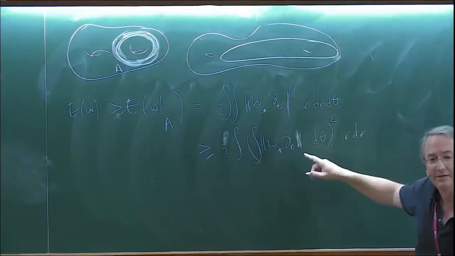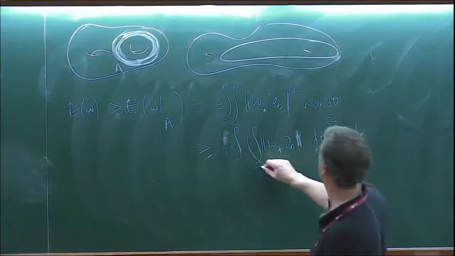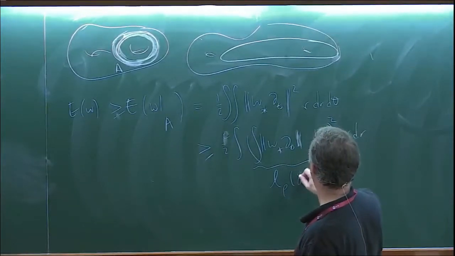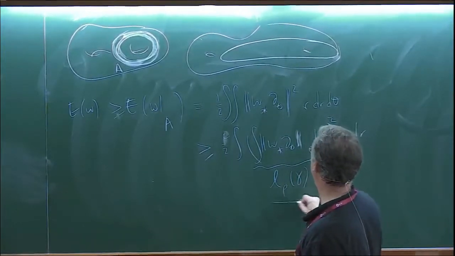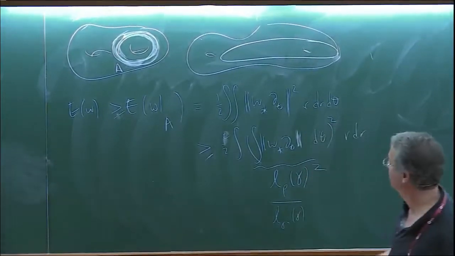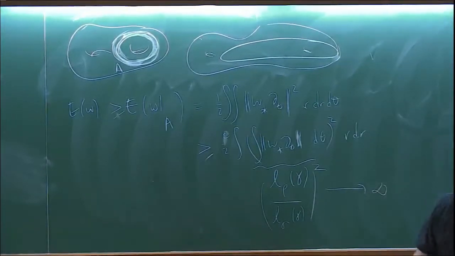Length, integral of a square is at least the integral squared, right? And this has something to do with the length in rho of this object, squared, somehow compared to the length of the object back in sigma, and that's going to infinity.